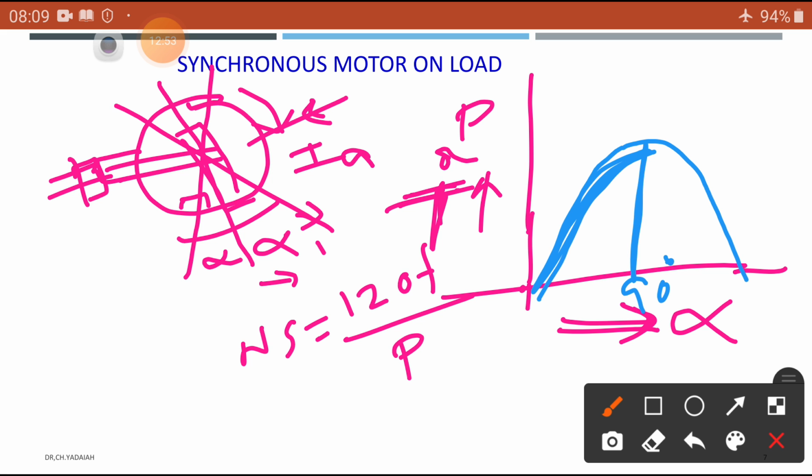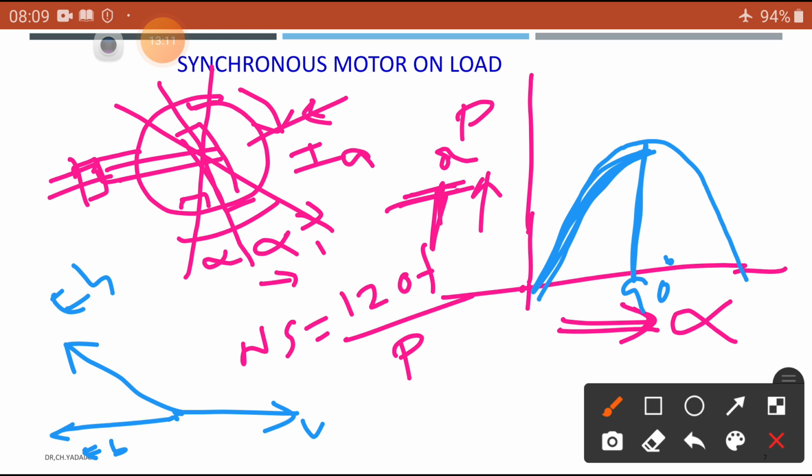We have seen the vector diagrams also. Once again remember, this is the voltage reference V, and this is EB, but due to the small losses, EB is in this direction at an angle of alpha. The resultant of these two is ER, the resultant voltage, the vector sum of EB and terminal voltage, and this current is a lagging armature current IA.